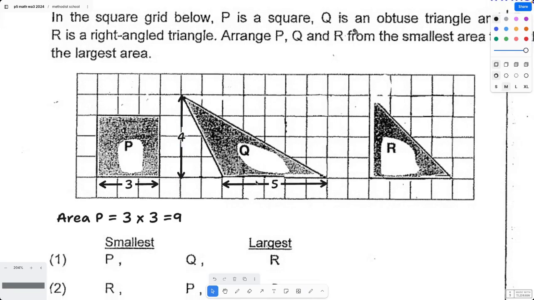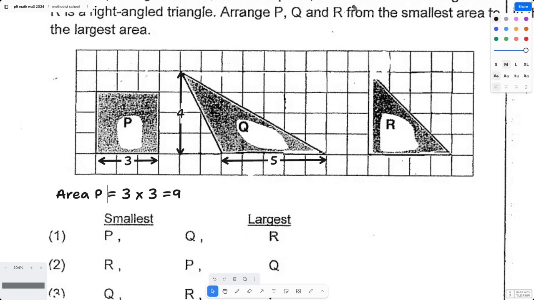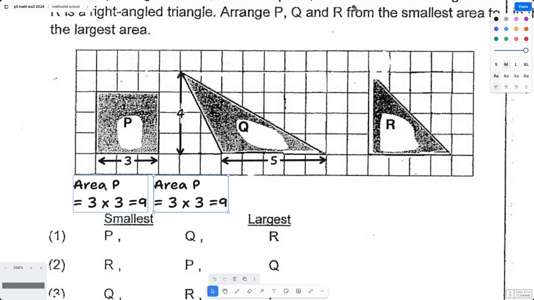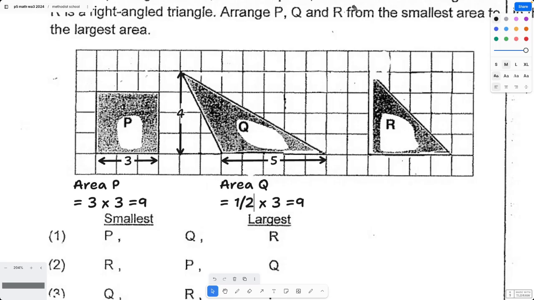So it's 4 times 5. Since this is a triangle, area Q is basically half times 4 times 5. So half of 4 is 2, and 2 times 5 becomes 10.